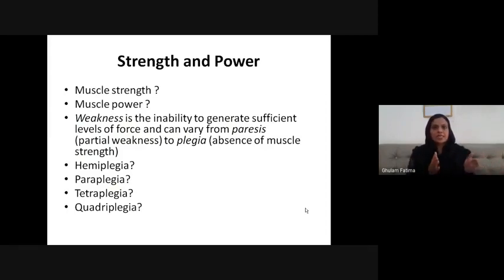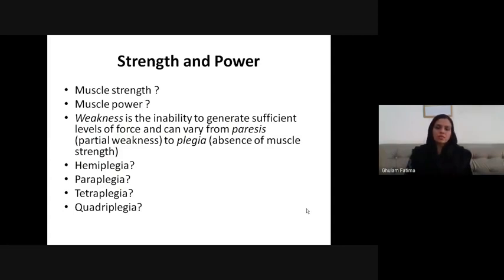So the patient does not have sufficient energy and sufficient strength to develop force. The weakness can vary from paresis, which is partial weakness or partial paralysis, to plegia, which is complete absence of muscle strength.